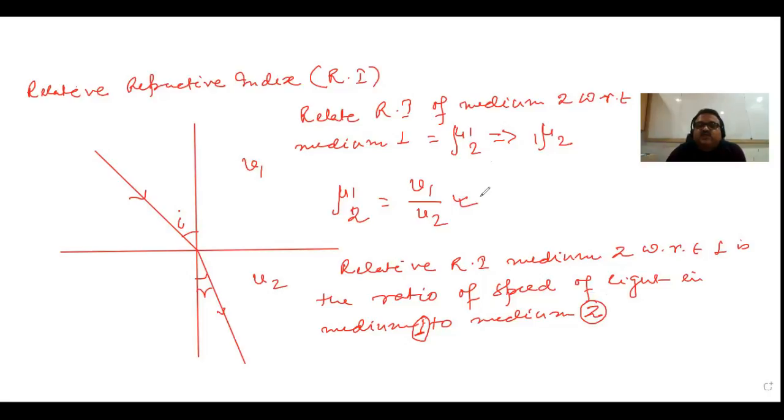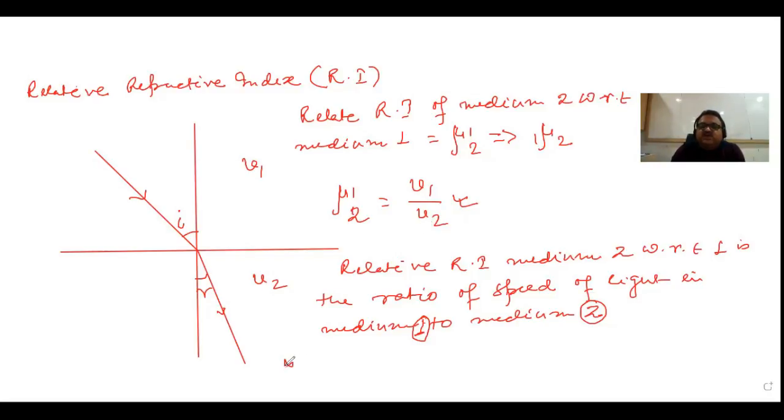Now, for an example, let me show you a problem first with respect to relative refractive index. Correct? So remember one important thing, since it is the ratio of two similar quantities, both are the ratio of speed, it has no unit, correct?